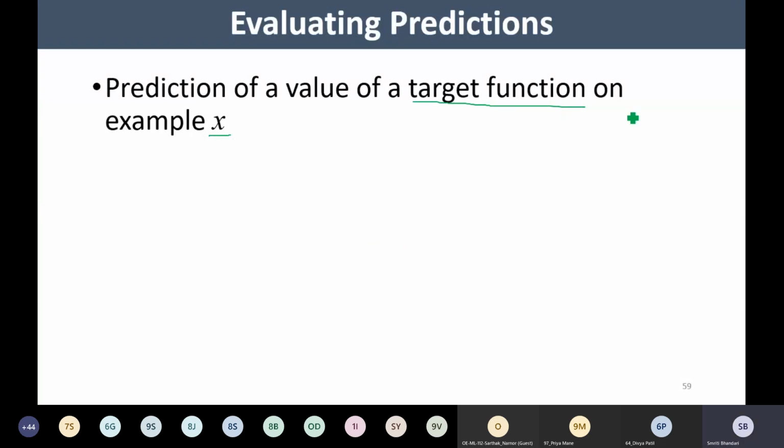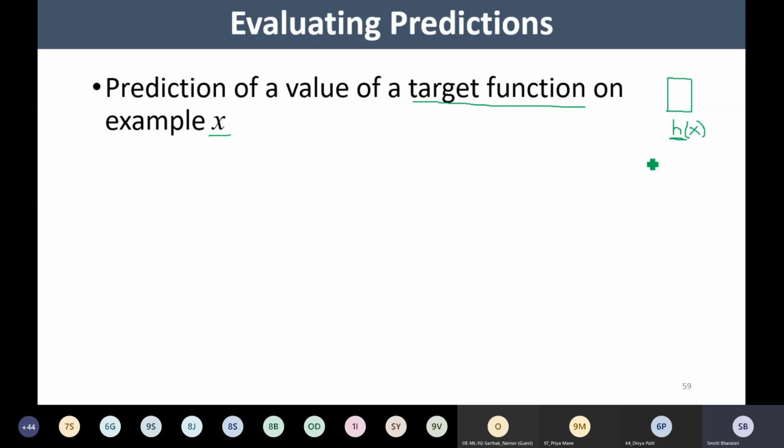I'm repeating the thing. So what we have now is the model. What I mean by this model is actually the hypothesis that I have created, h of x. It is a function of x. What is x? x is my input. Based on this input or training data, I have come up with this hypothesis h, right?